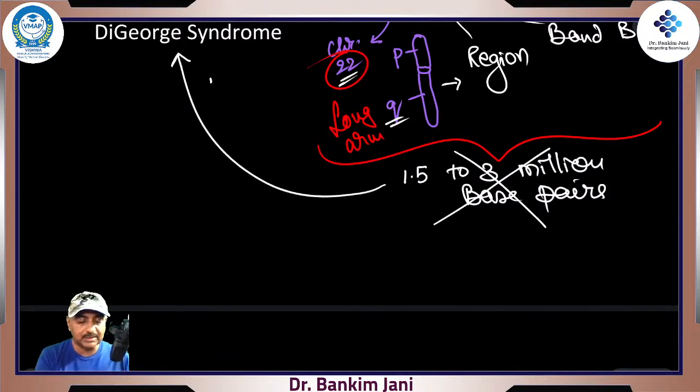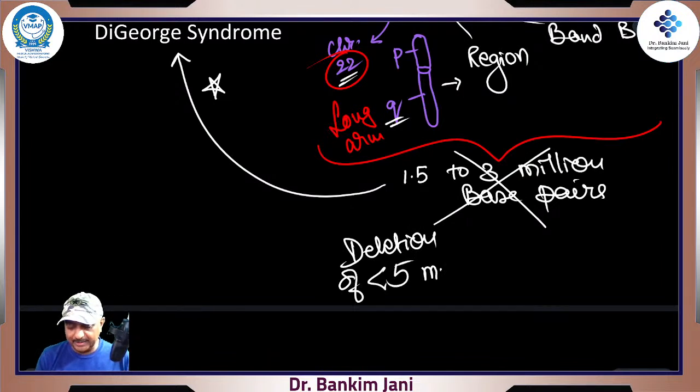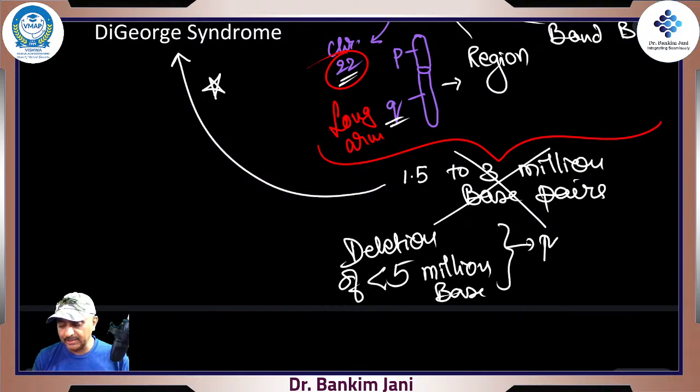DiGeorge syndrome. I'm putting a star because these are the questions which are asked. Now, any deletion of less than 5 million bases is called a microdeletion.